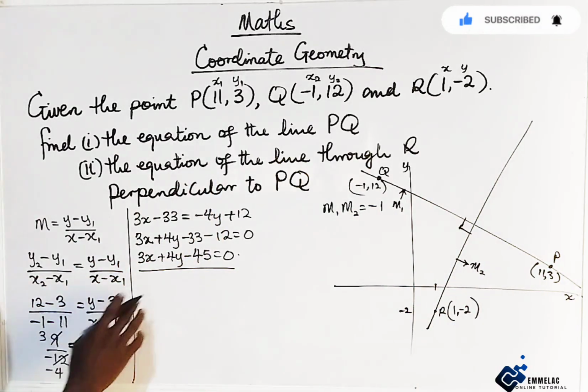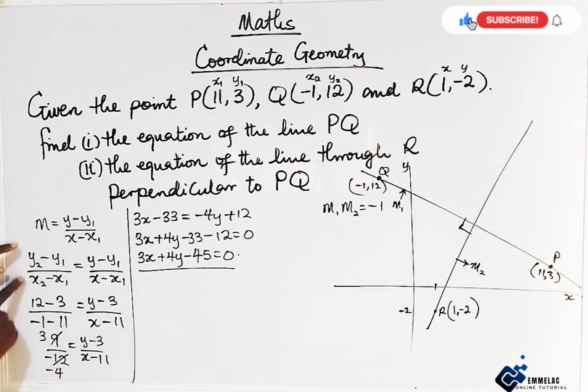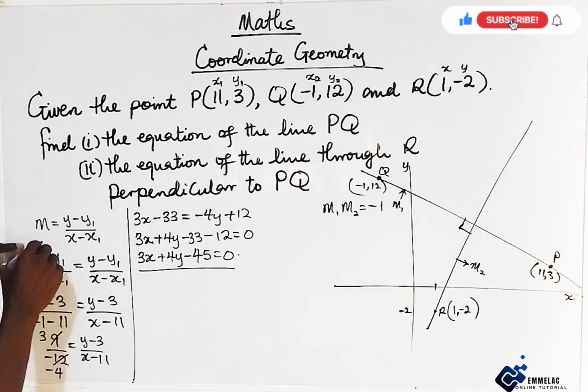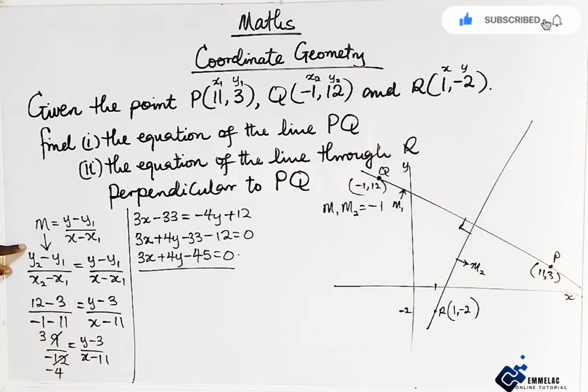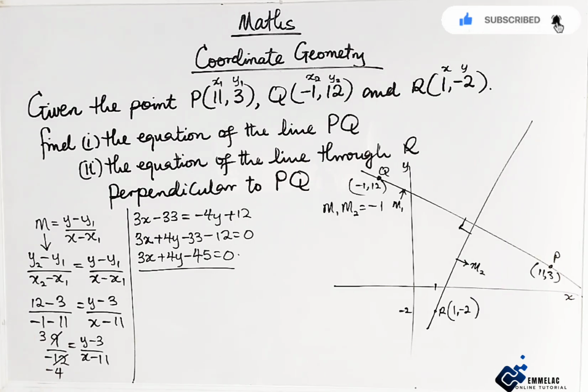Now find the gradient here. Since this is the gradient, we are resolving it to be 12 minus 3 all over minus 1 minus 11, which gives us 3 all over 12, and simplifying, we have 3 all over minus 4.